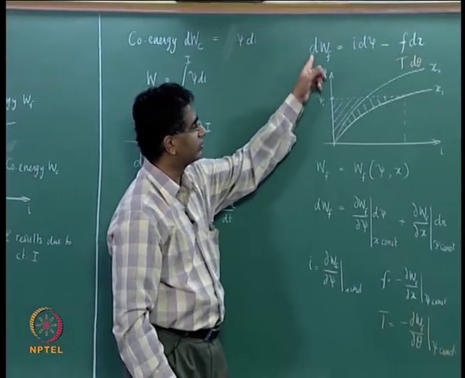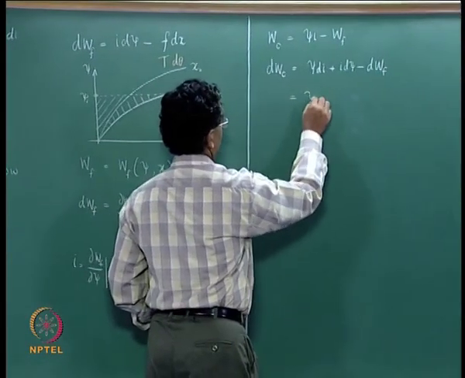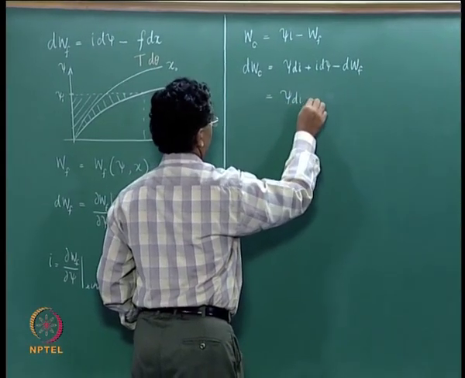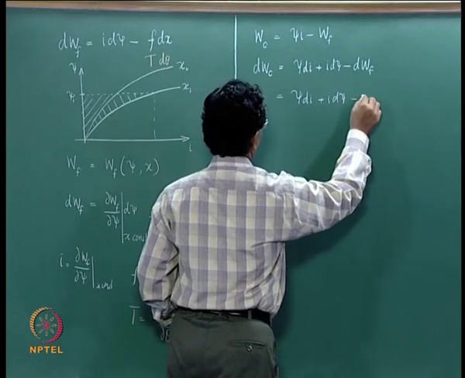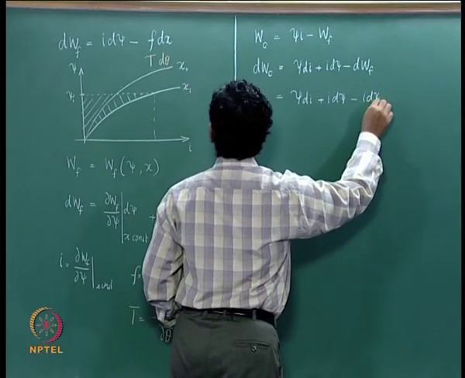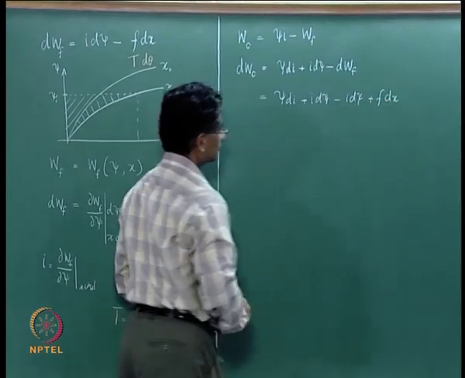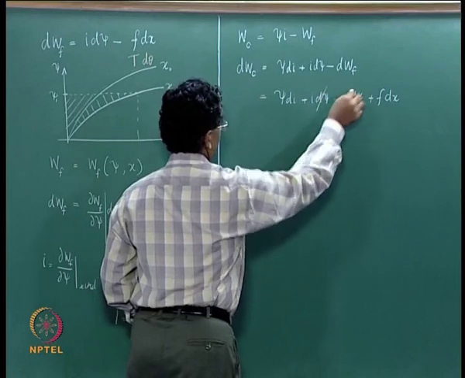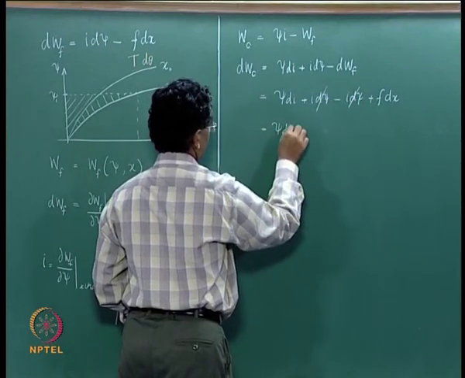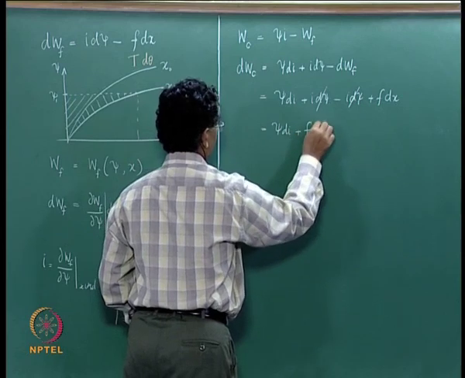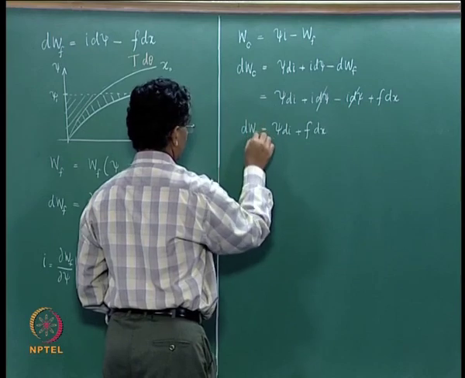So, we substitute this expression there, which results in psi di plus I d psi minus I d psi plus f dx. So, these two terms obviously cancel out, and you get psi di plus f dx as your dWc.